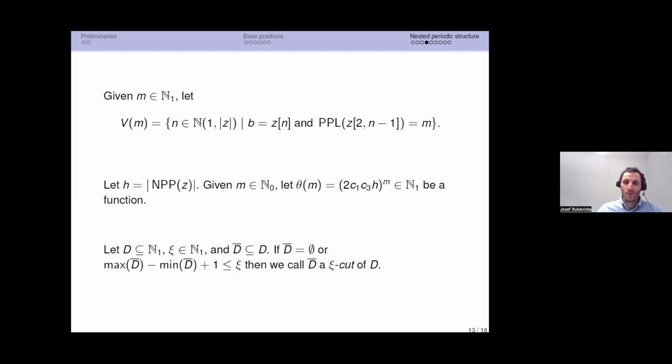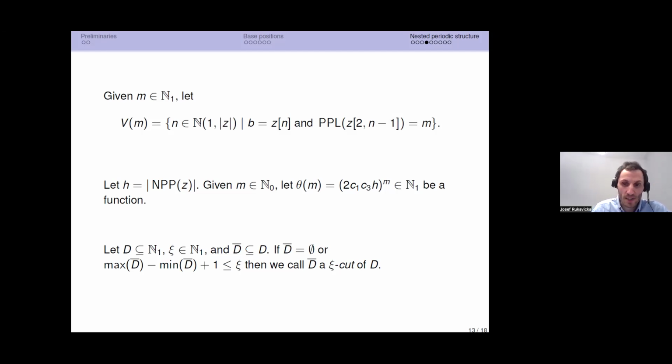Yeah, okay. Sorry, I forgot the exact meaning of these symbols here, but yeah, okay, now it is clear. So it is just for the set of integers, I consider some subsets of this set such that the difference between max and min is smaller than some parameter xi.